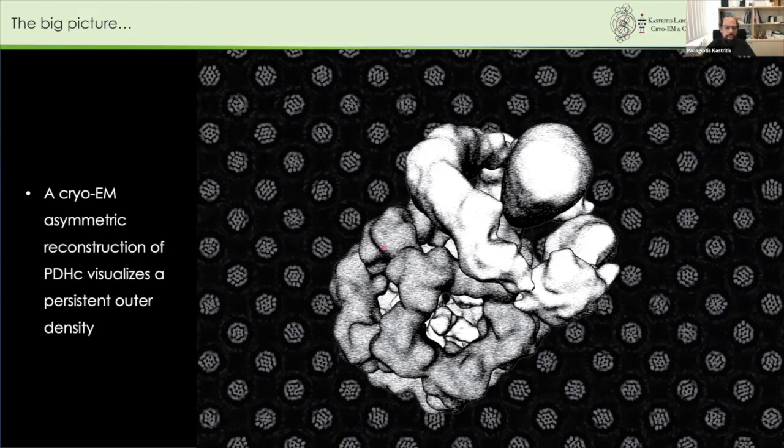The insights that I gave you were happening in this part of the enzyme, but you saw that there were a lot of additional densities around, corresponding to the E1 and the E3 subunits of the full complex, which is composed of the E1, E2, E3 subunits.